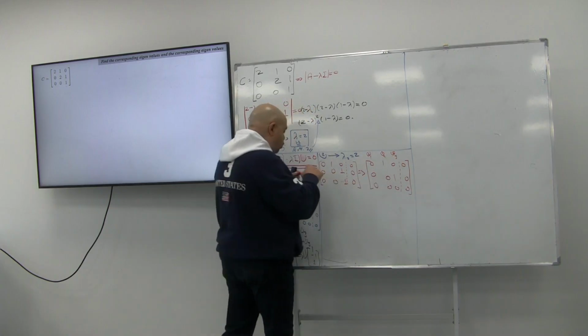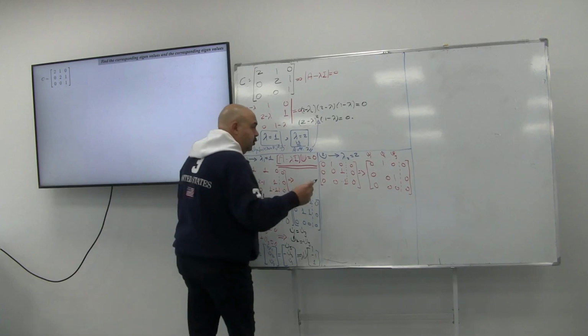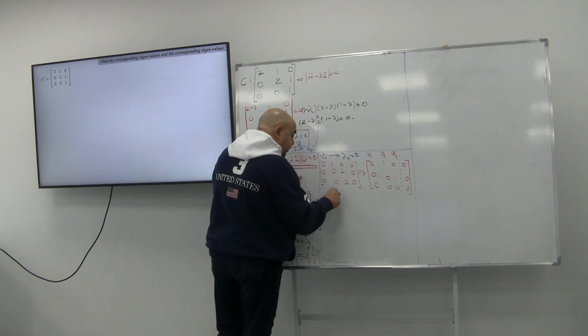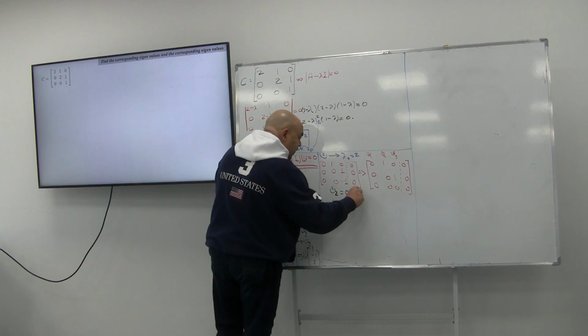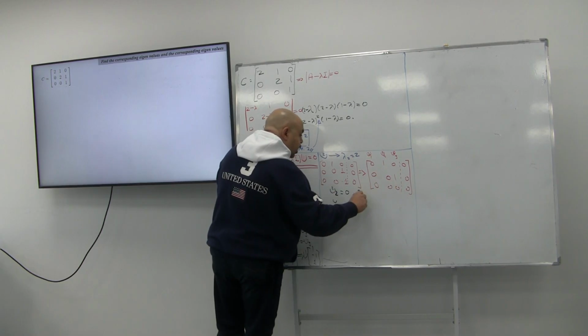Once you get the values of all of this, you will end up with the second eigenvector's second component equal to 0, and the third component equal to 0.